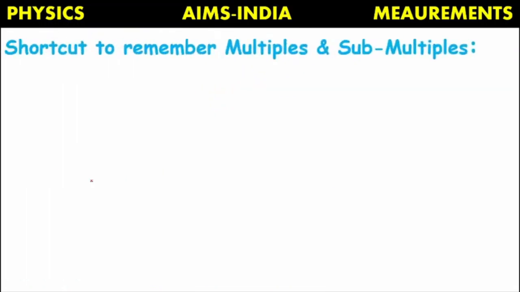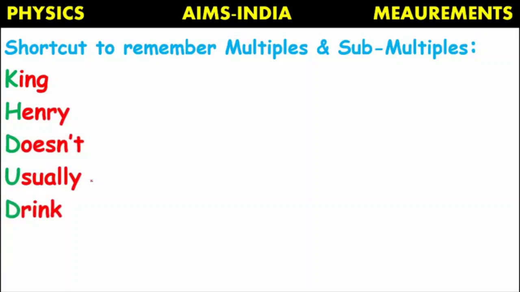So how to remember these multiples and submultiples? We have one shortcut for remembering these submultiples and multiples names, and that shortcut is King Henry doesn't usually drink chocolate milk.